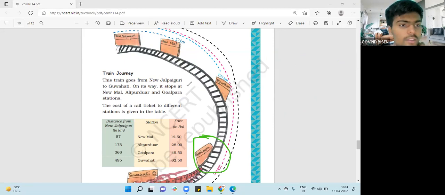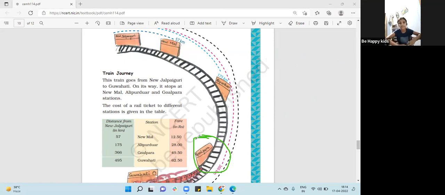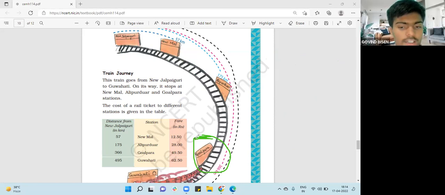Can you see Golpara? Yes, sir. So I have encircled that Golpara.